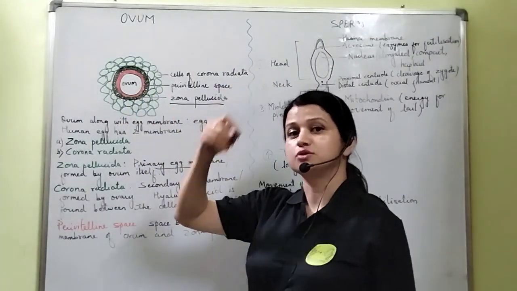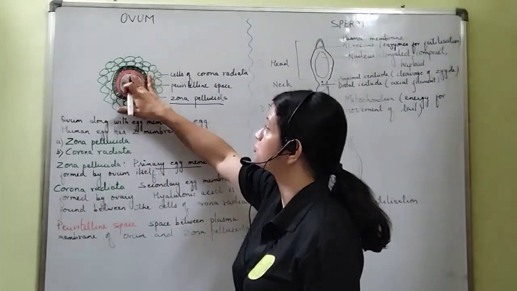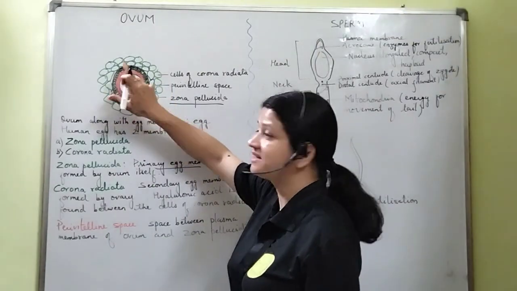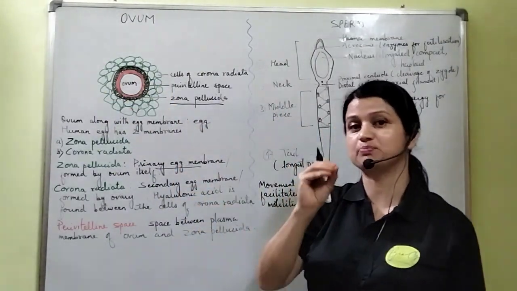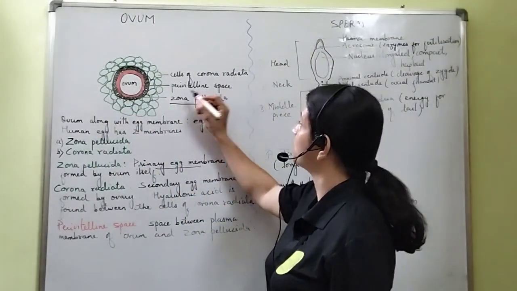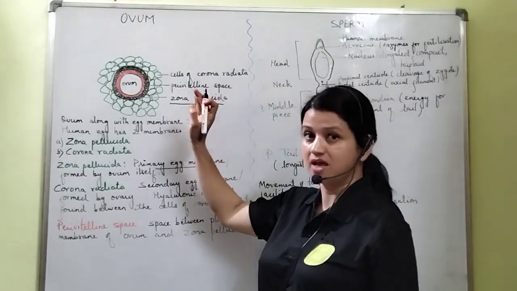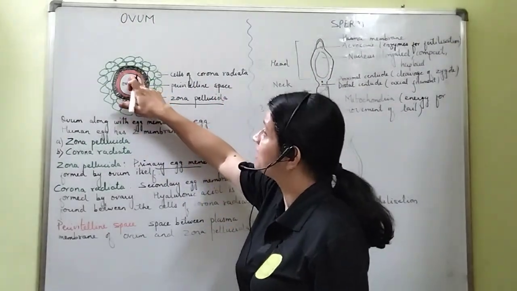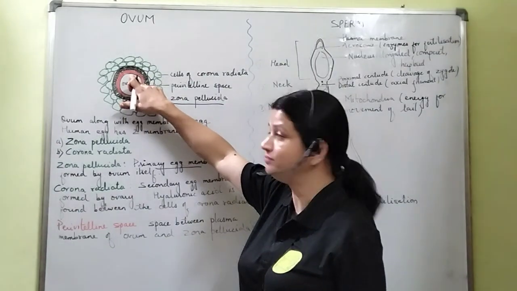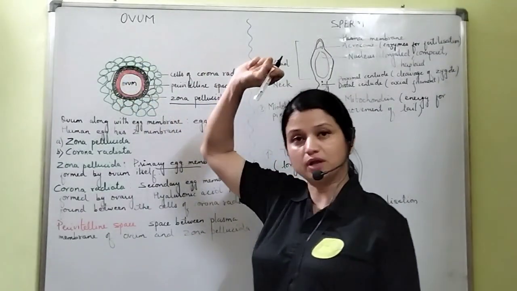So again just see here, this is the structure of ovum. When it comes to drawing the structure of ovum, you have to draw the ovum. Then with the red color I have shown a space and that space is known as perivitelline space. It is the space between the plasma membrane of the ovum and the zona pellucida.